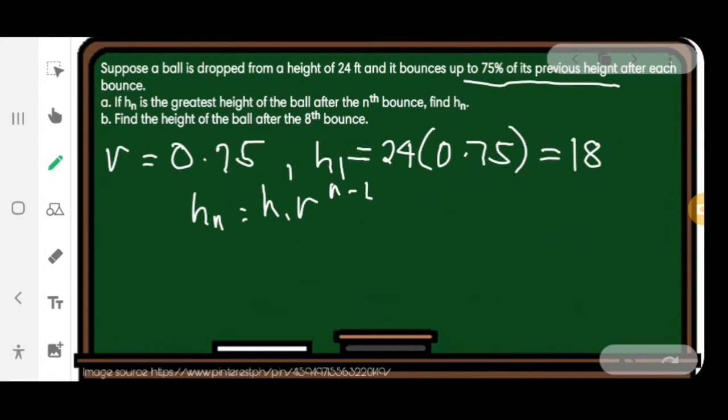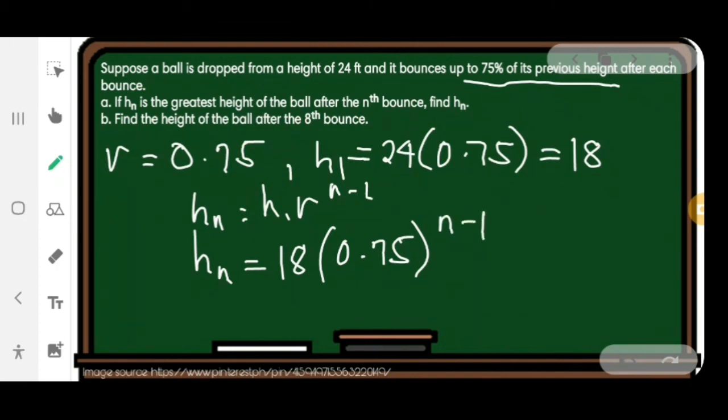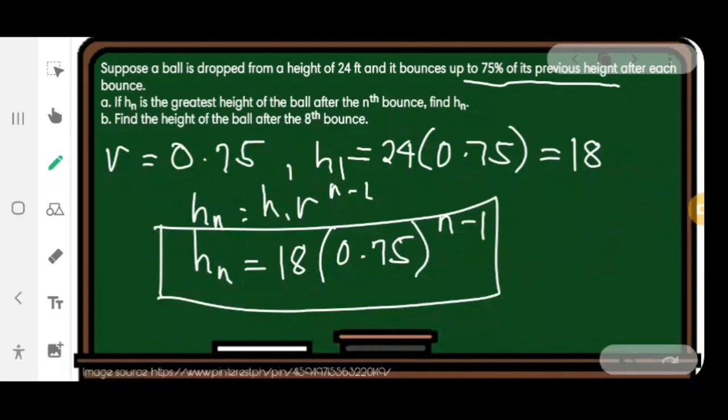Substitute the given values, so we have h sub n is equal to 18 times 0.75 raised to n minus 1. So this is the general term of the sequence, or the greatest height of the ball after the nth bounce. Now let us go to the height of the ball after the 8th bounce.